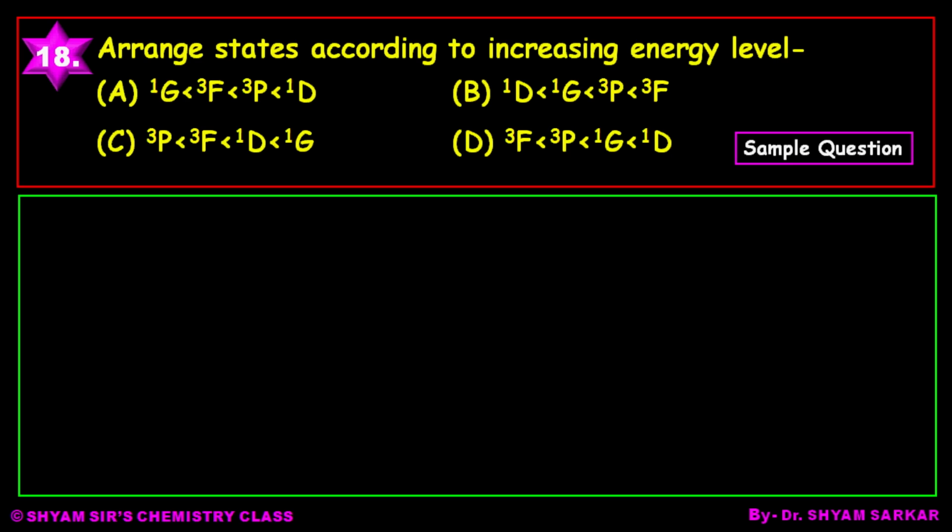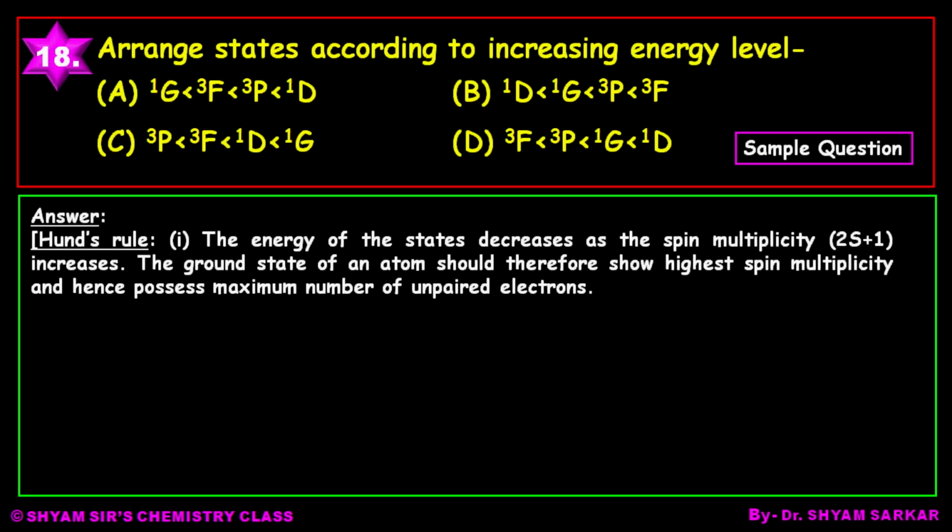So for this answer, you need to know Hund's rule regarding the term symbol. Hund's rule says that the energy of the states decreases as the spin multiplicity increases. So with the increase of the spin multiplicity, the energy of the state decreases.